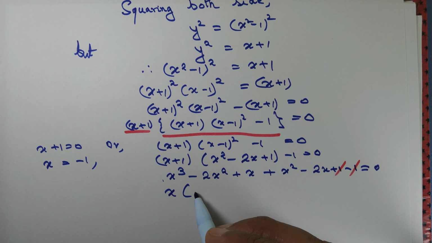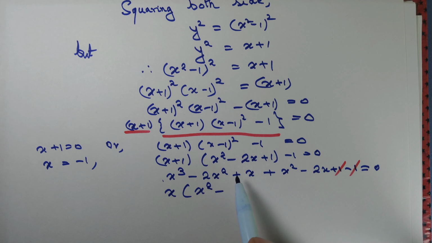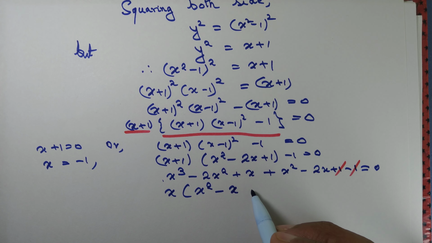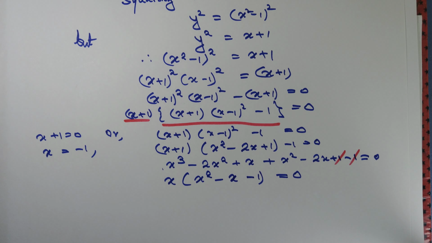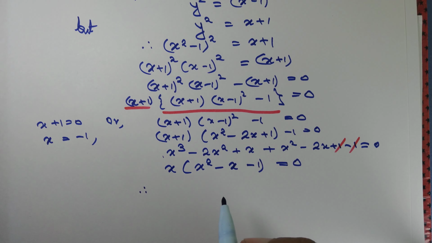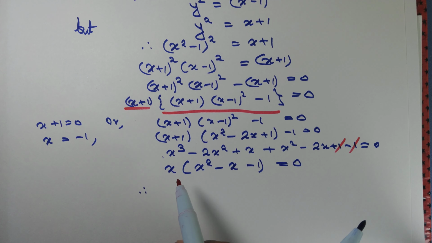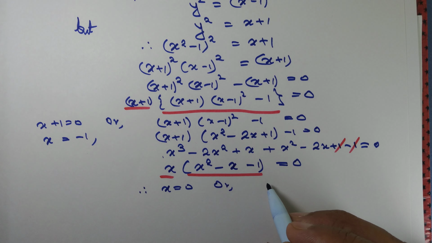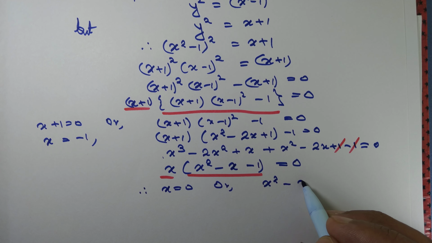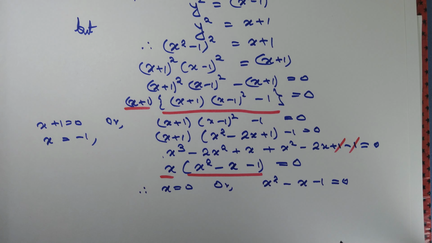So x(x² − 2x² + x² ...) gives x(x² − x − 1) = 0. Therefore, once again, if the product of two numbers is 0, then one of them has to be 0. So either x = 0 or x² − x − 1 = 0.